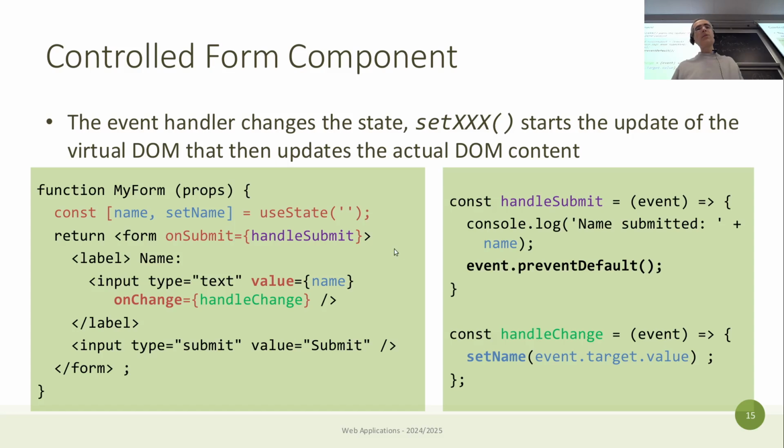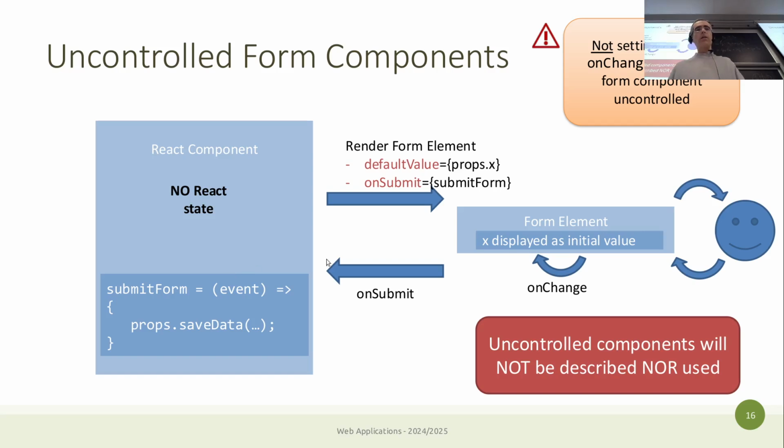And we are not going to follow that approach. So that's basically all for creating a single element inside a form, the easiest one, input type text. Just for completeness, for your knowledge, in case you want to use an uncontrolled form component, the situation would be like this: no React state.